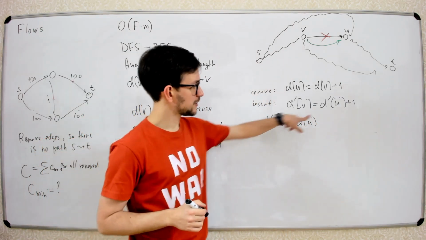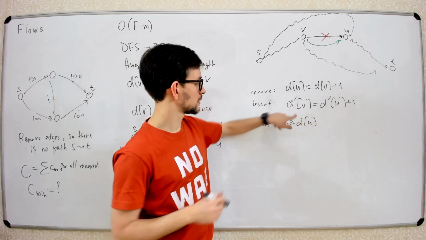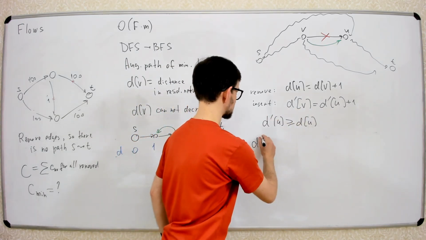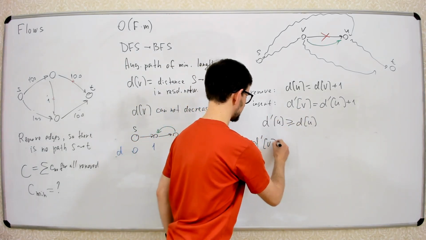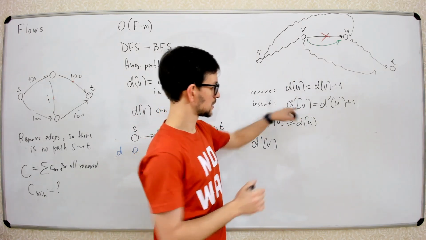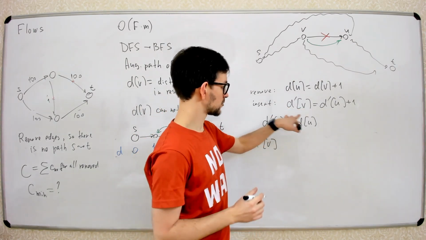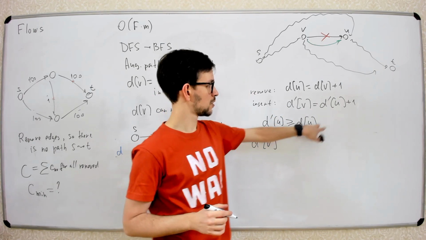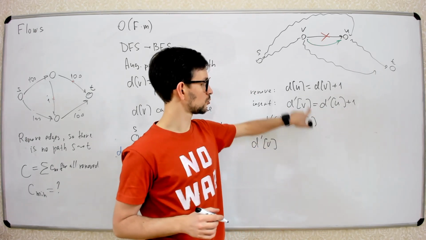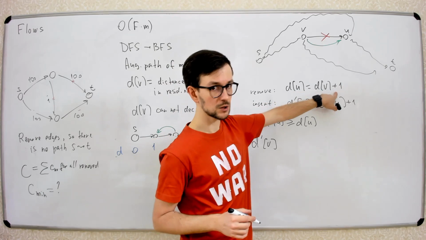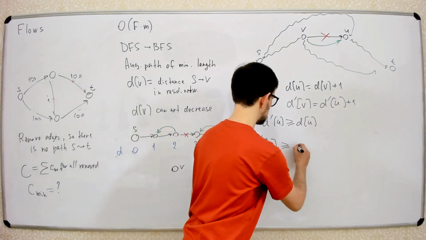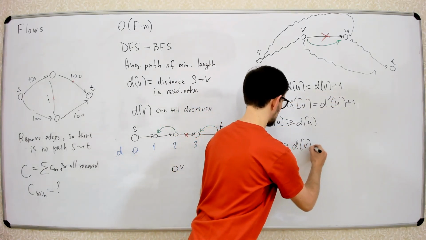Now I'll just apply it here. So this new distance to the node v is greater or equal than distance to node u plus 1. Distance to node u is distance to v plus 1. So it's greater or equal than distance to node v plus 2.